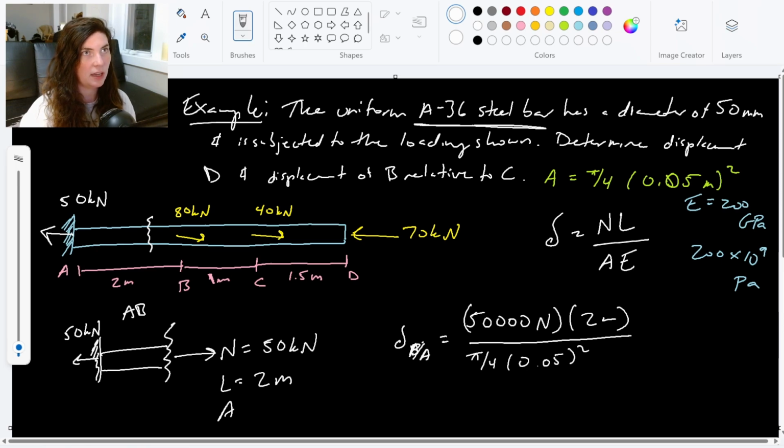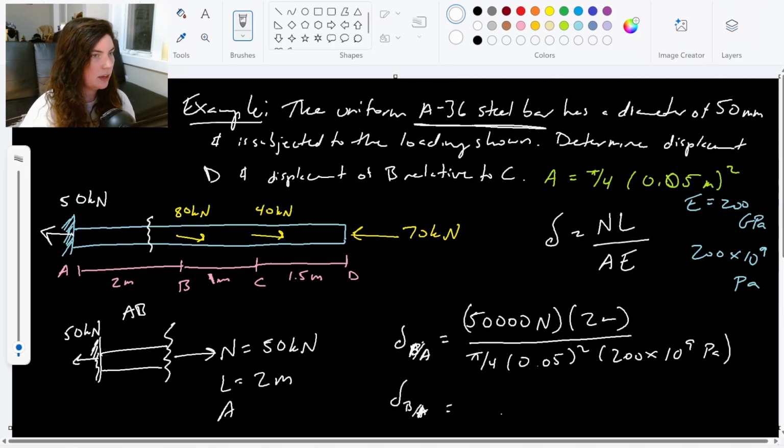And then 200 times 10 to the 9th pascals, putting everything in base units so I don't mess up any of my unit conversions later. I don't want to have kilonewtons and gigapascals and millimeters. It's very messy. You want to make sure you're converting your units so that I can get a correct displacement of B with respect to A.